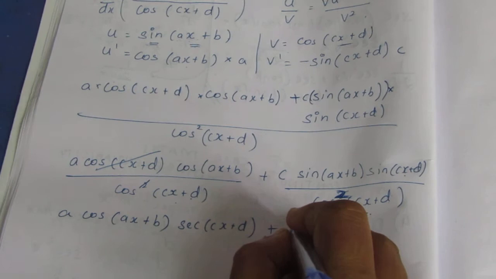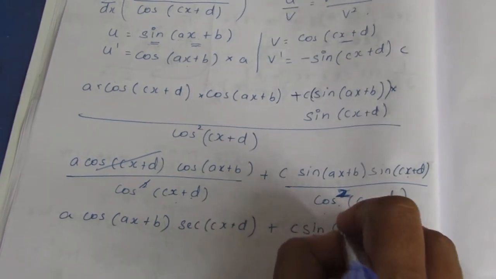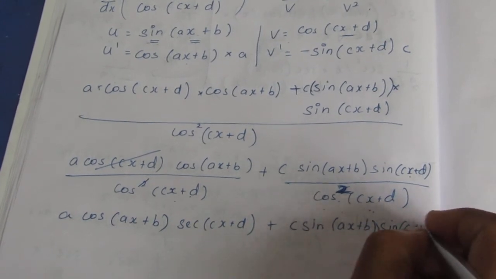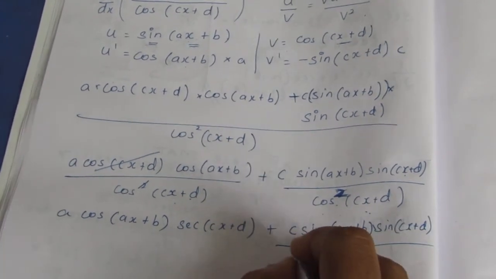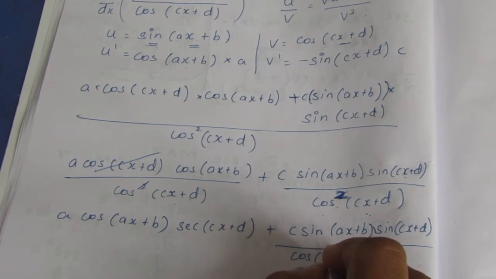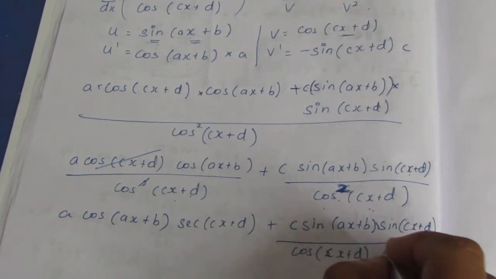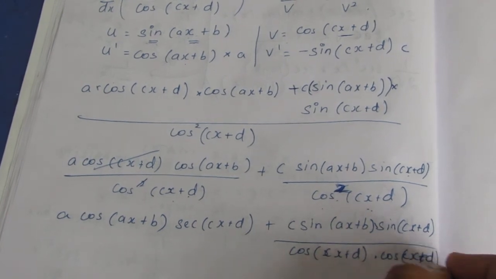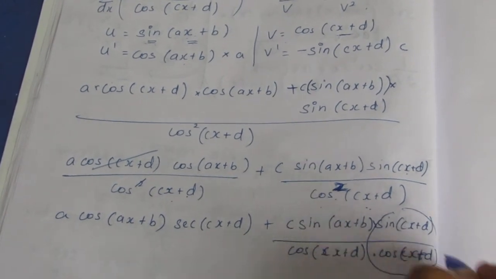So let me split this. Here it becomes sin(ax+b) into... For you I am writing another step. Here I am writing cos square(cx+d) as cos(cx+d) into cos(cx+d).